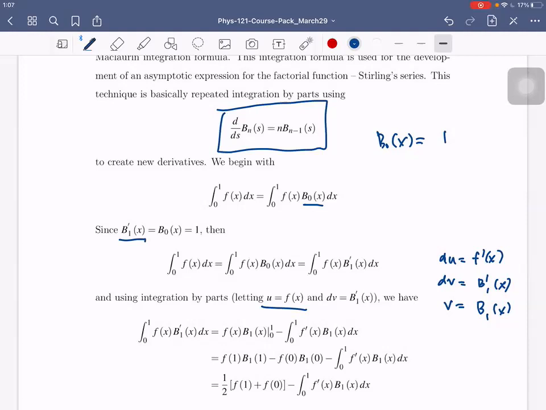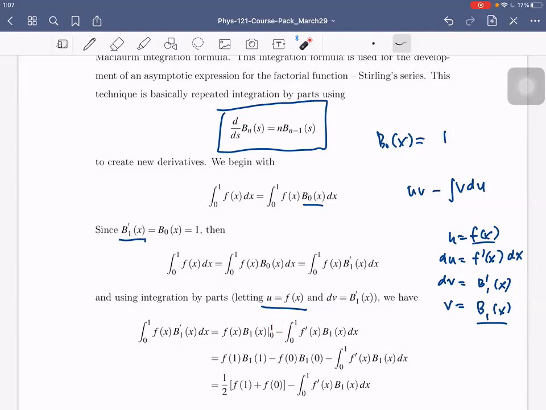Okay? So what can we do? Integration by parts is uv minus integral of v du. Right? Sorry, there's a dx here. So uv, where u is f of x, so we have f of x times b1, evaluated from 0 to 1.